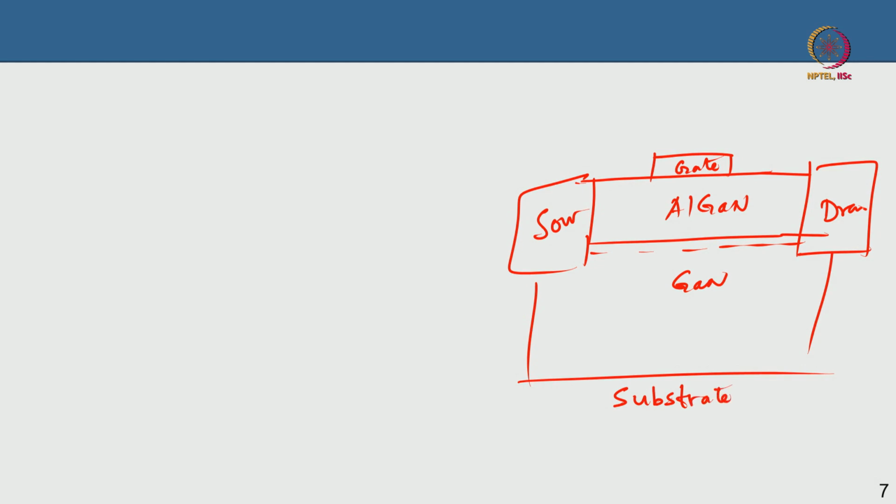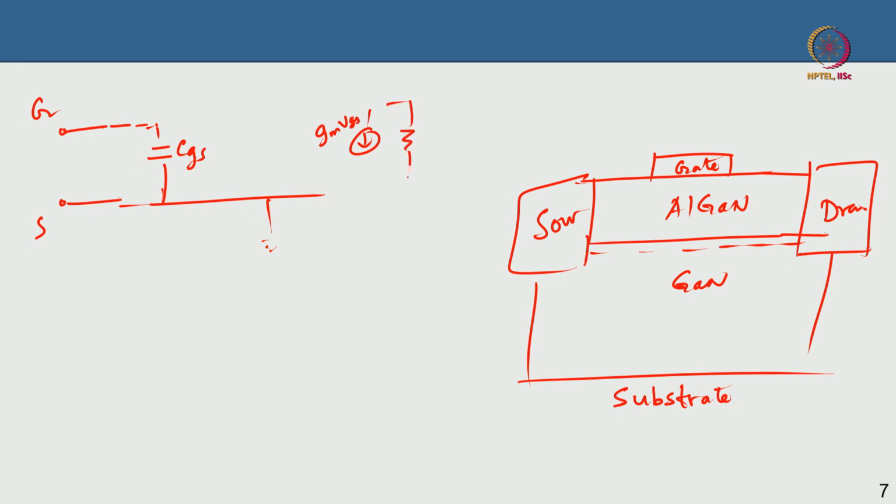Now in the small signal model that you are building, let me write down the small signal model also. You had CGS from the last lecture, if you recall. This is your gate, this is your source, the entire source is source, and then you have the GM-VGS, and then you have the output resistance, and then you have the drain here.